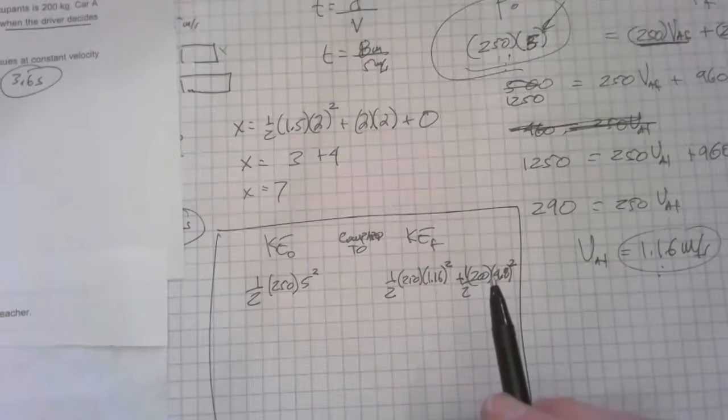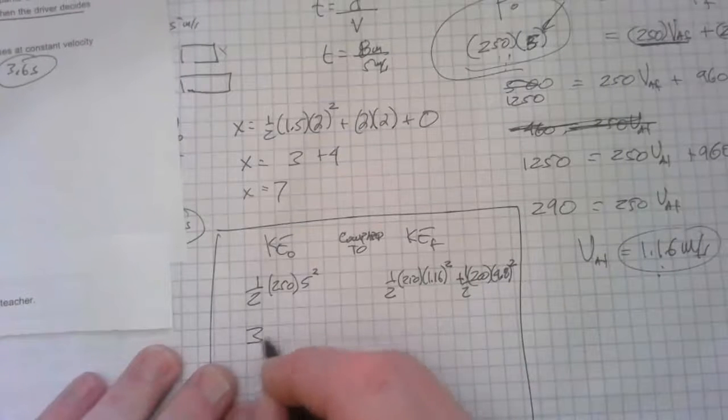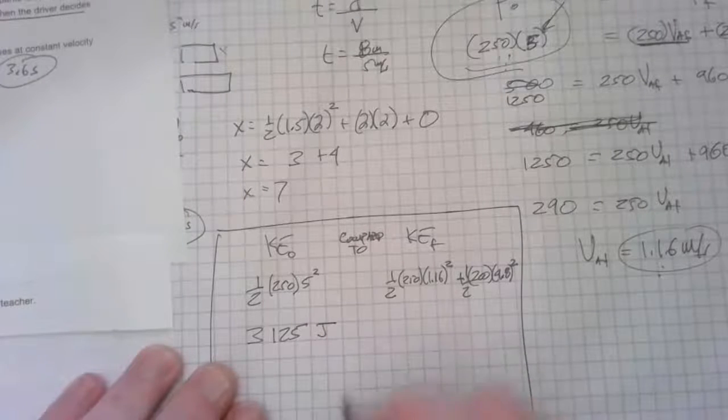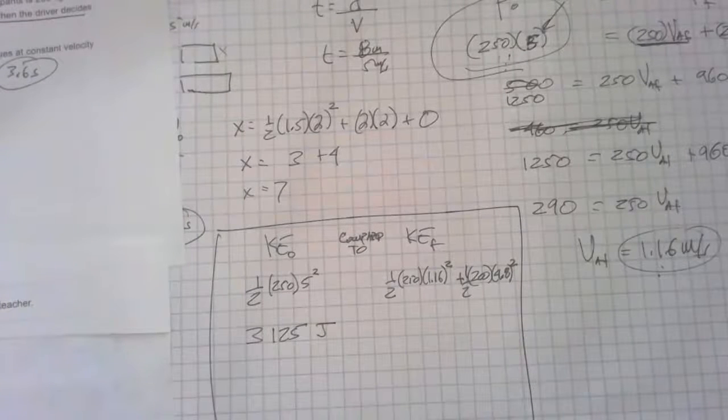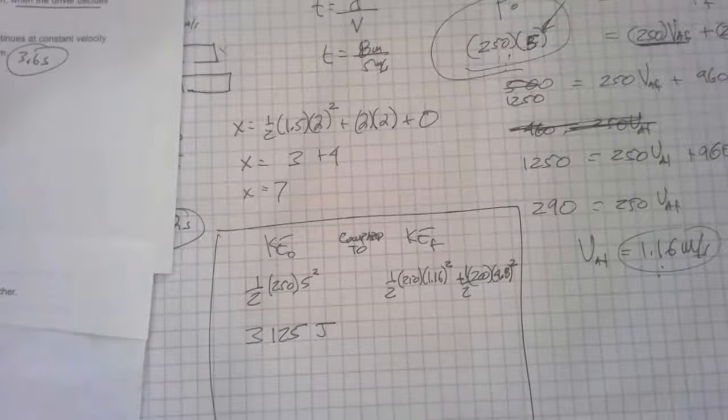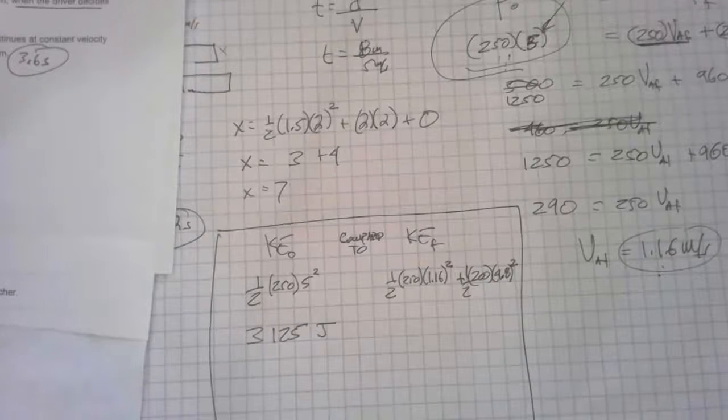0.5 times 250 times 25 is 3,125 joules of kinetic energy, if I did that right. And then over here, I got 0.5 times 250 times 1.16 squared.